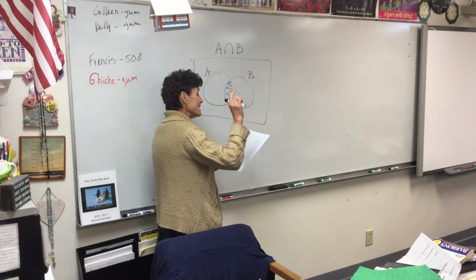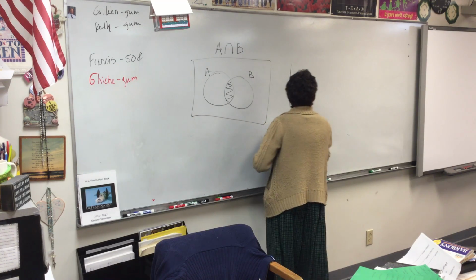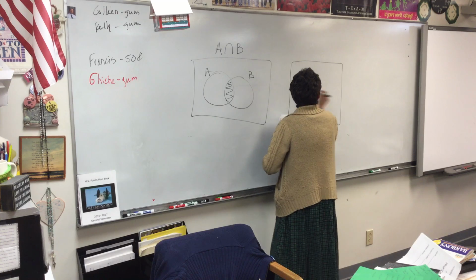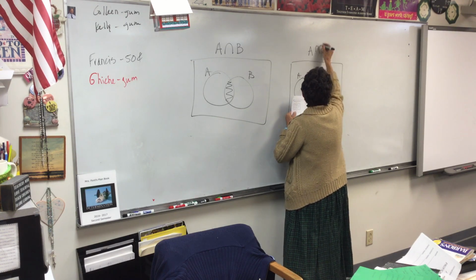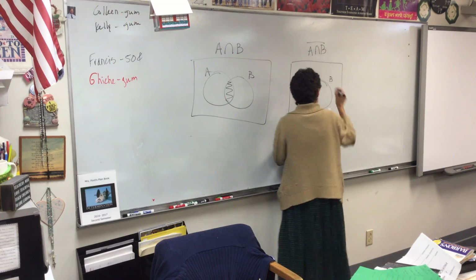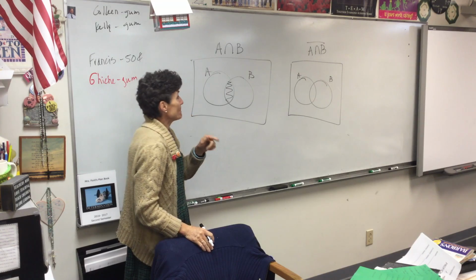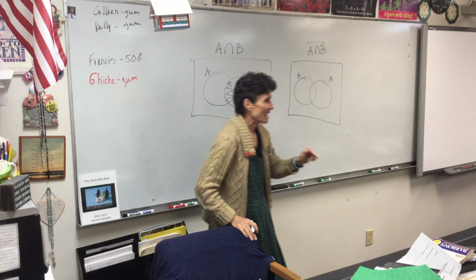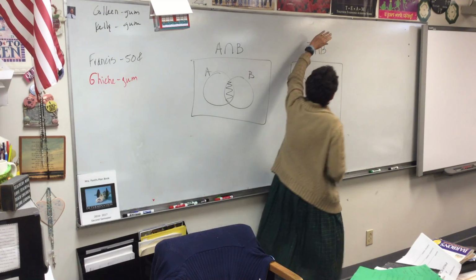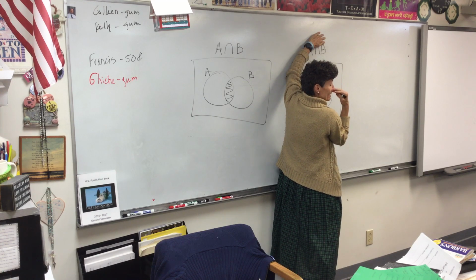Now, next to that, I'm going to go this way. Next to that, it says the same thing, only there's a bar over the top. Anybody know what that bar means? It means everything except what's in A and B. So you look at this part under the bar and you think about what that is.